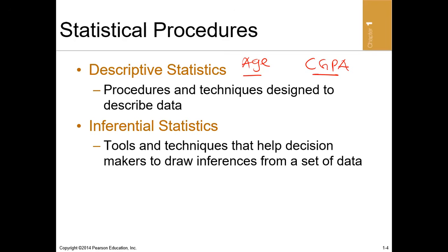So anytime we go beyond the obvious aspect of the data, like the average and those things, to make inference about some unknown aspect of the data, we are talking about inferential statistics. Inferential statistics helps us to go beyond the obvious aspect of data to see whether there are some relationships, etc.